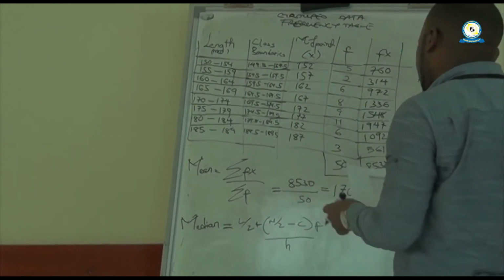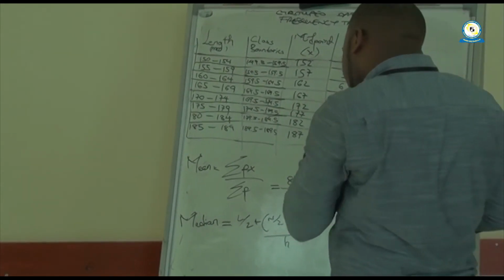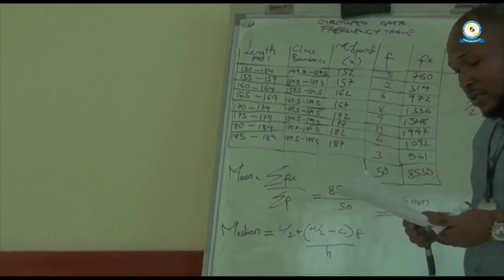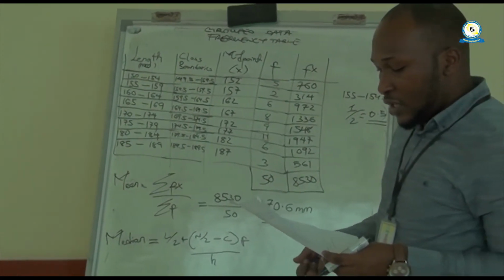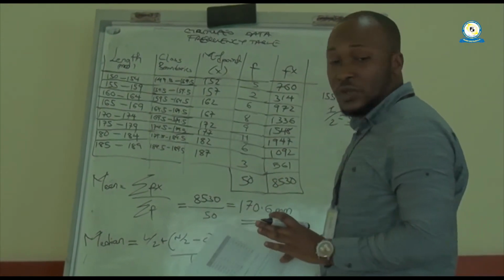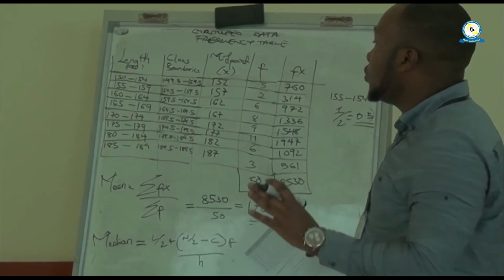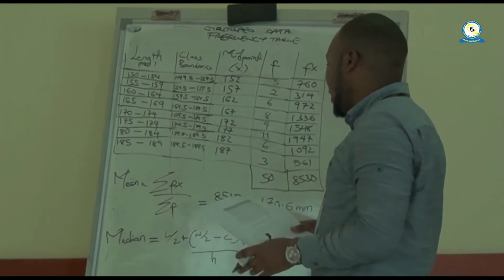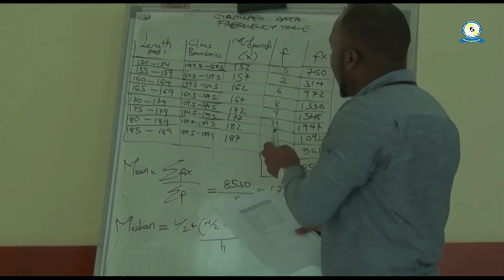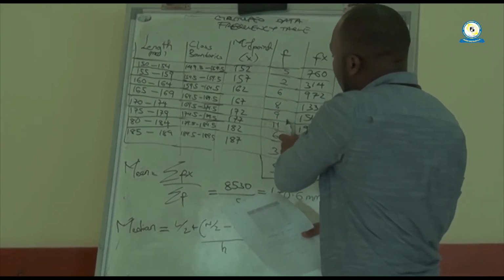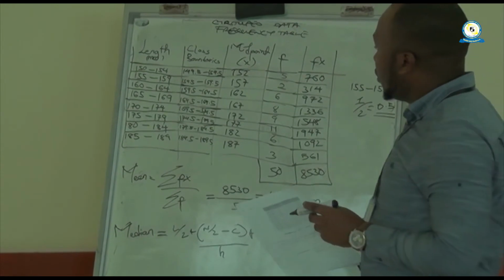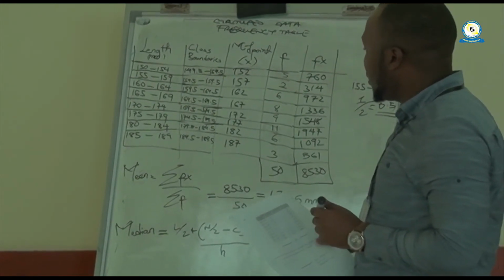This was our formula, whereby L is the lower class boundary of the median class. Now the first thing that we are supposed to do is look for the median class, the middlemost class. Our data has the following numbers: 1, 2, 3, 4, 5, 6, 7, 8. We have 8 numbers.